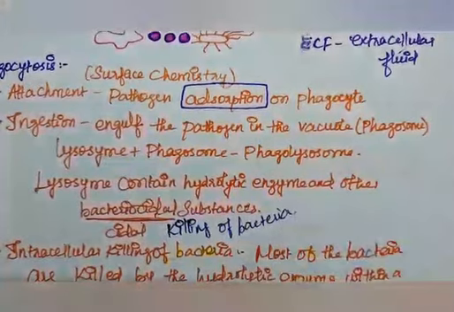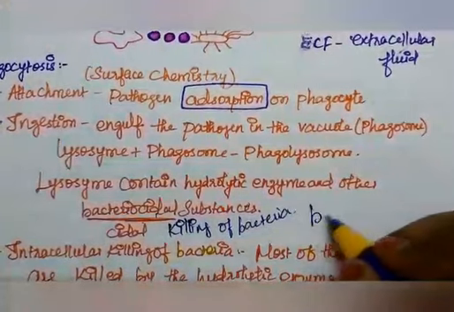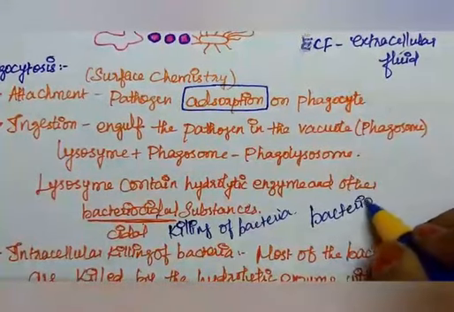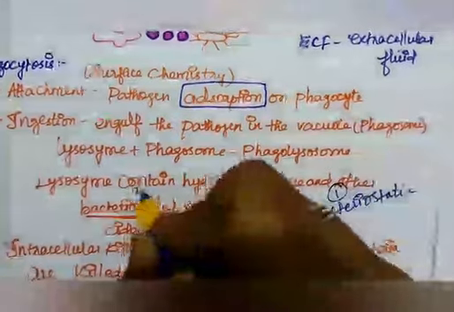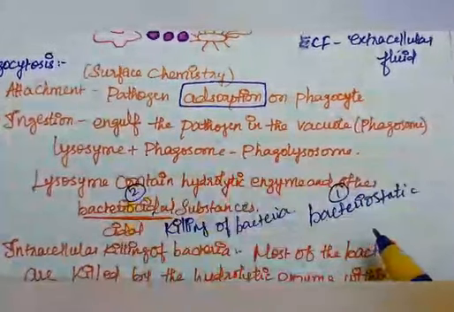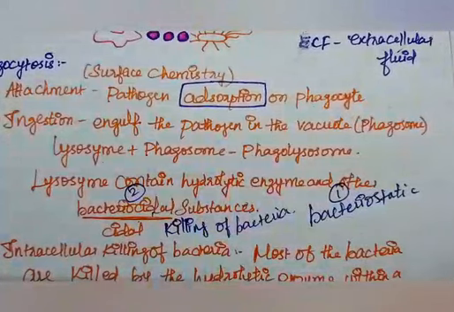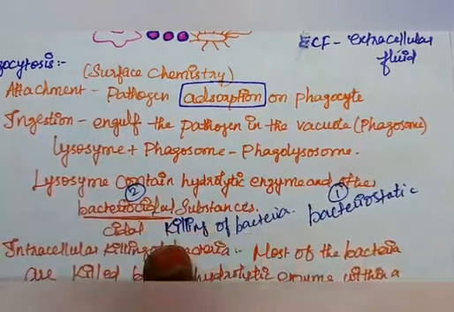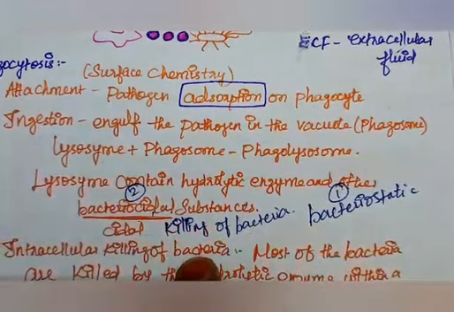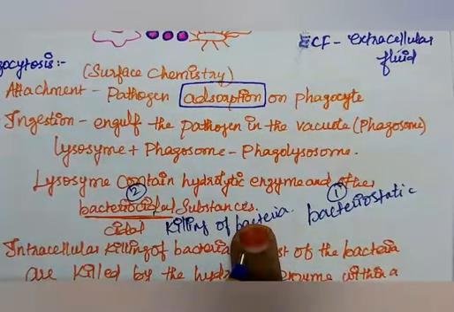We have two types of antibacterial substances, that is bacteriostatic and the other one is bactericidal. Bacteriostatic substances stop the growth of bacteria inside our body, while bactericidal substances kill the bacteria present inside the body. The antibiotic is a good example of bactericidal substances.